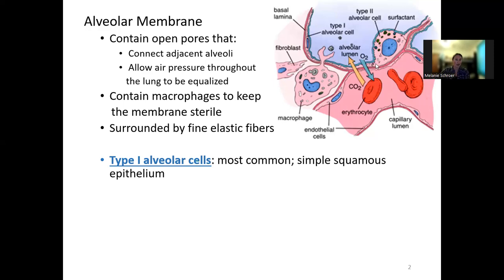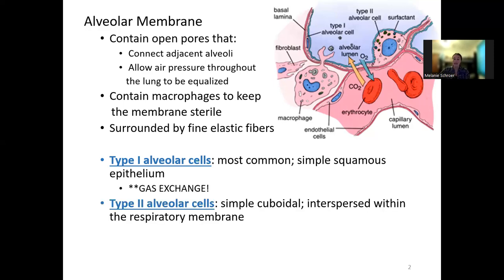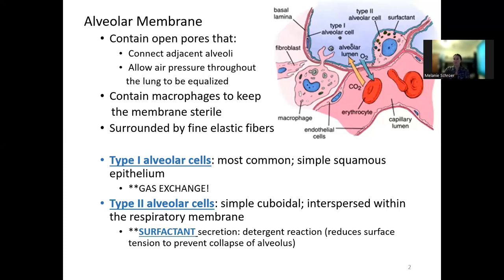And these, of course, are not super skinny. These are not meant for diffusion of gases. Instead, they have a lot of other functions. These are called type 2 alveolar cells. They are essentially cuboidal cells, just one layer thick, just kind of interspersed in the alveolar membrane. And again, they are not for gas exchange.